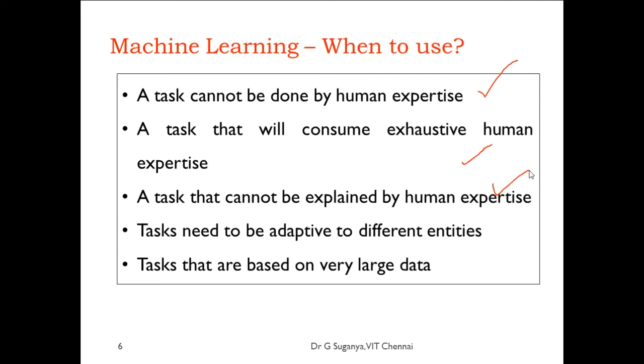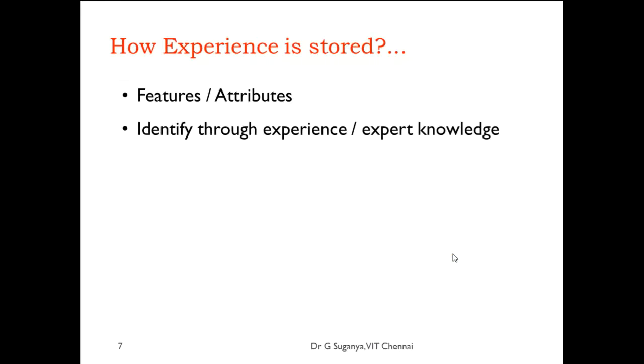If you look at so many online shopping sites and Book My Show, anything you take, depending on the person's individual interest, it is giving you recommendations, right? That's what, in an adaptive environment, machine learning would be of use rather than human expertise. And of course, on large data where human beings can't use. So these are probable areas where you can employ machine learning, right?